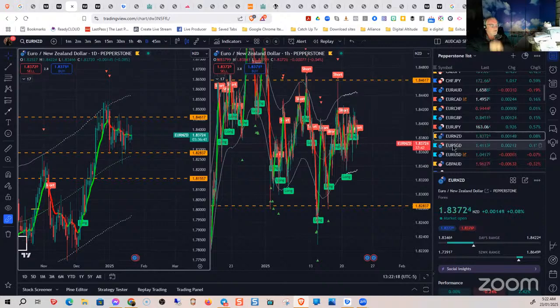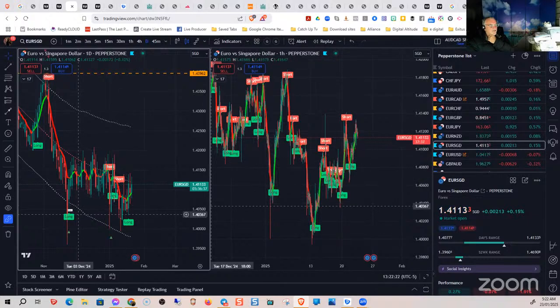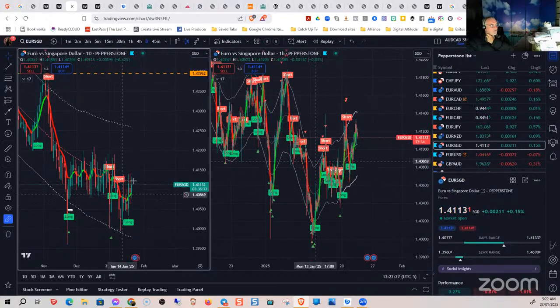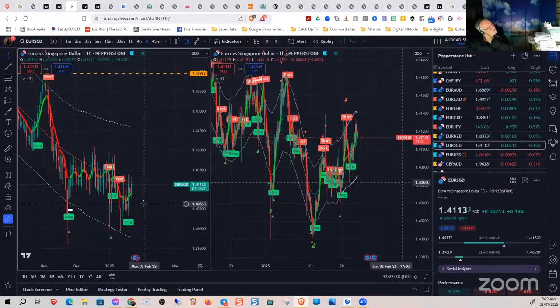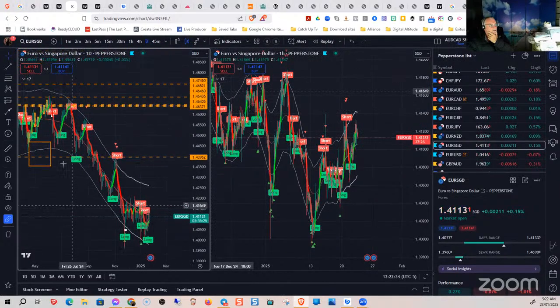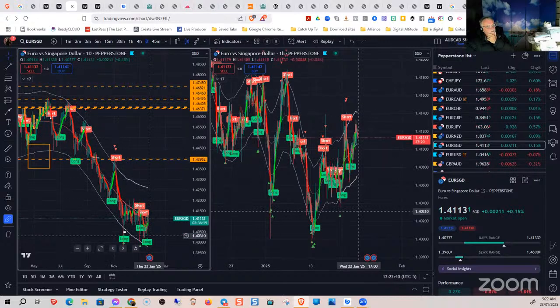So Singapore, same. Not even considering that. There is a long on it, and we do have a green, but this has been in such a long term. Where are we back here? July last year. It's just been primarily pushing down.